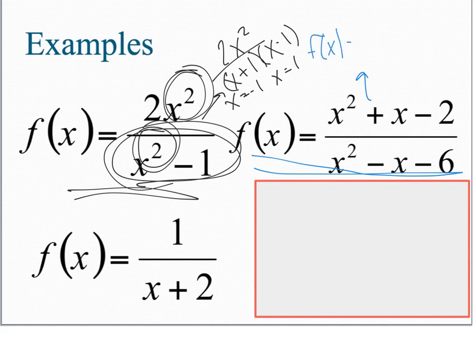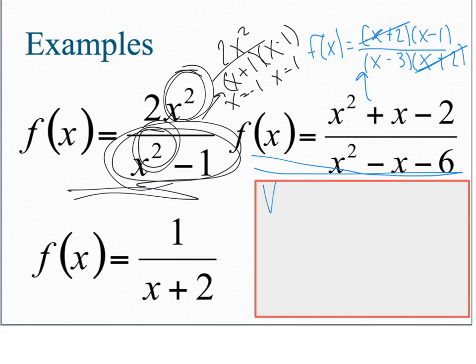So this is going to be x plus 2, x minus 1, all over x minus 3 and x plus 2. You'll notice something interesting in this one, that x plus 2 is actually going to cancel with x plus 2 right there. And so I'm only left with x minus 1 over x minus 3.